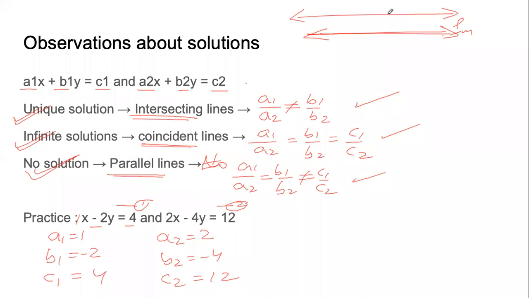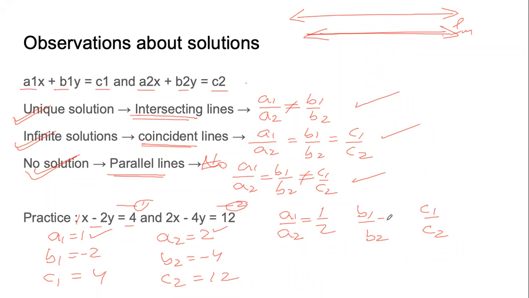Good. So once we have identified the coefficients and the constants, the second step is to find the ratios. The ratios that we have to find out are A1 by A2, B1 by B2, and C1 by C2. Now A1 by A2 by using 1 and 2 is 1 by 2.